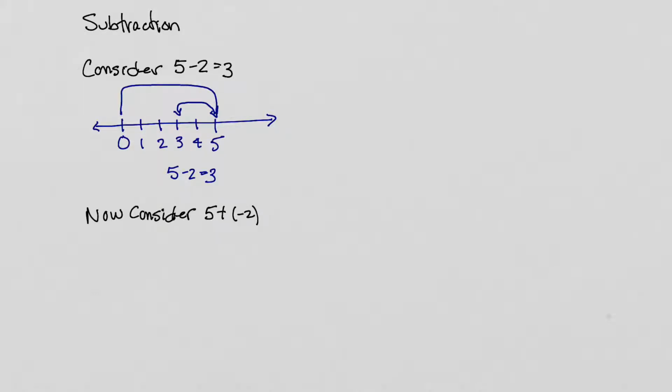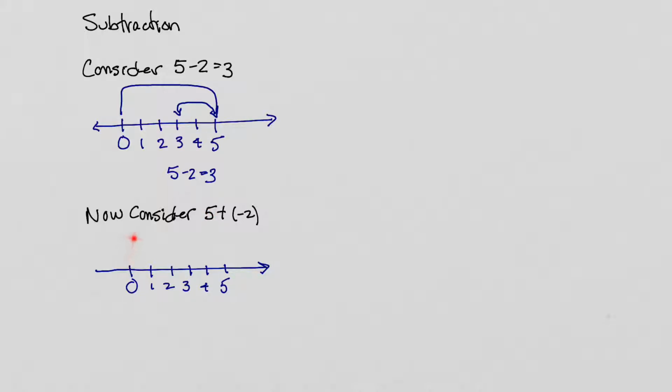Okay, so now let's consider this one. This is 5 plus negative 2. So we've got numbers with opposite signs. We know how to do this already, but let's do this by looking at the number line. I'll draw another number line. Here's our 0. 1, 2, 3, 4, 5. So we're going to start out here at the 5.